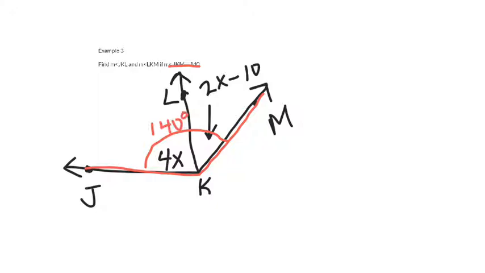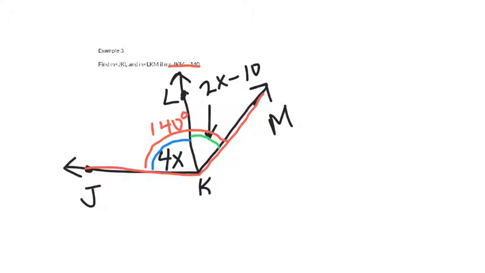I don't know what these other two are. It wants us to find JKL and LKM, but I don't have them. I do have stuff labeled in there. JKL is 4x and LKM is 2x minus 10.